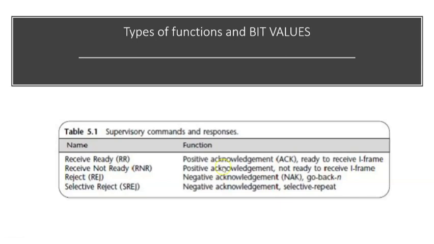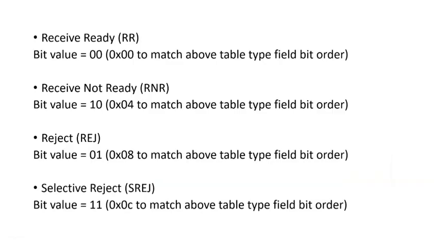Then reject. It is a negative acknowledgement. Next, selective reject, negative acknowledgement, selective repeat. So these two are the negative acknowledgements. The first two are positive acknowledgements. Next, let us see what the values are. Receive ready means the receiving side is ready to receive the I-frame or information frame sent by the sender.